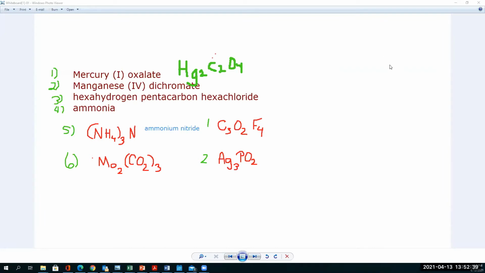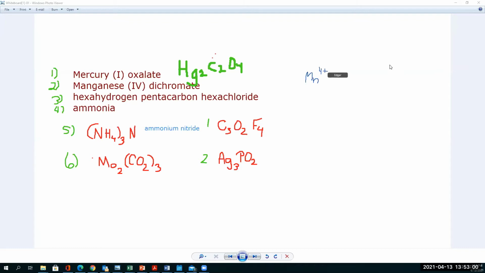Okay, here we go. So it's manganese 4 dichromate. So pulling up the periodic table, I just do a quick search for manganese, which brings up Mn. And I know that it's a 4+ because of the Roman numeral.